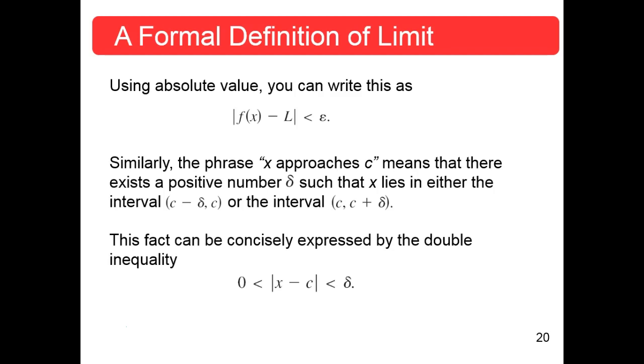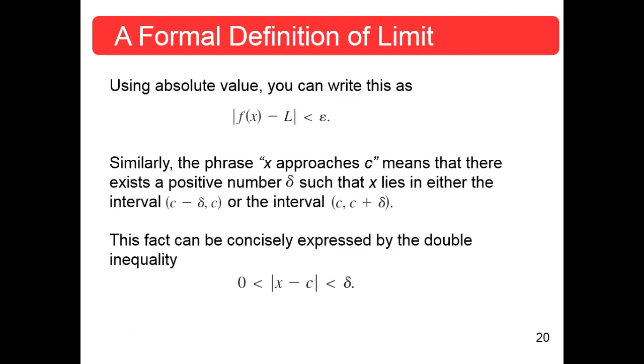So no matter which side of L you're on, f of x above or below, the absolute value of the difference is less than that arbitrarily small epsilon that you chose to begin with.